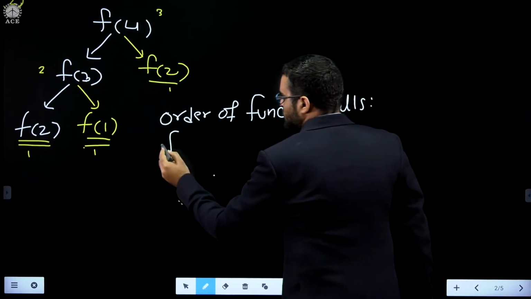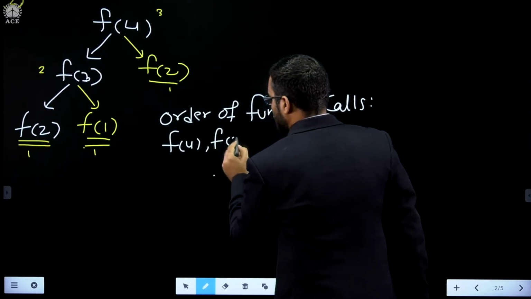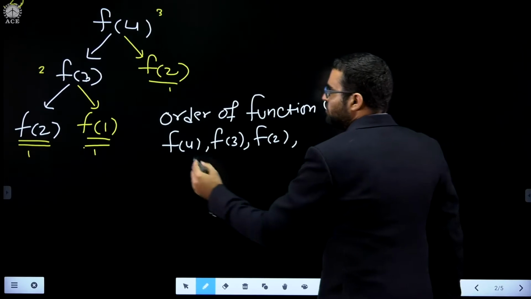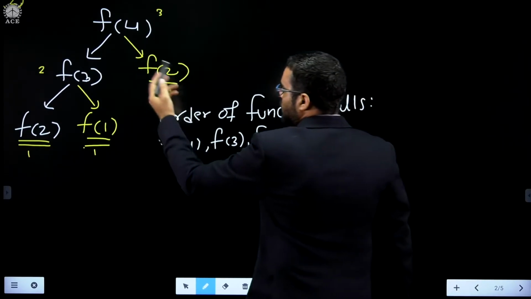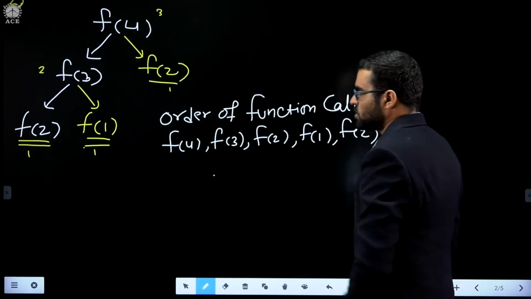You can see first we call f4, then we call f3, then we call f2, then we call f1. Then we call f2. So this is the order of function calls.